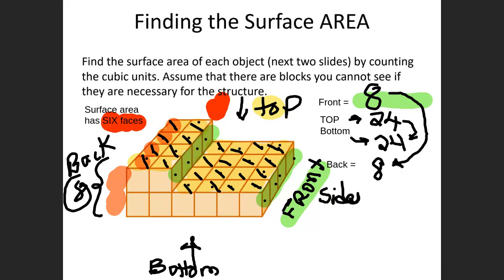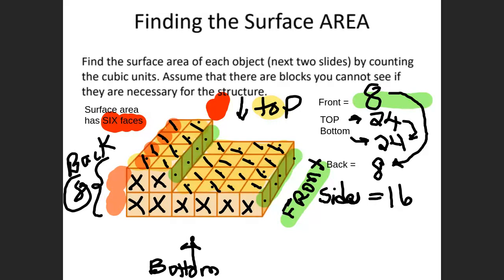The sides, I have 1, 2, 3, 4, 5, 6, 7, 8. 8 in the front, 8 in the back is 16 boxes make the side view.